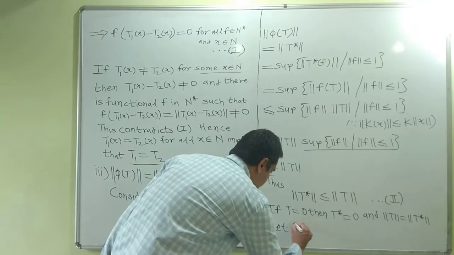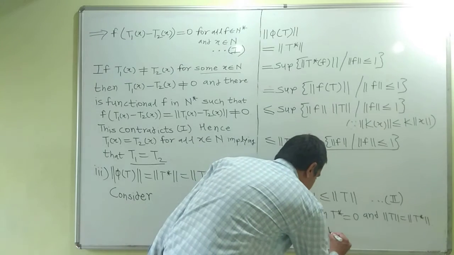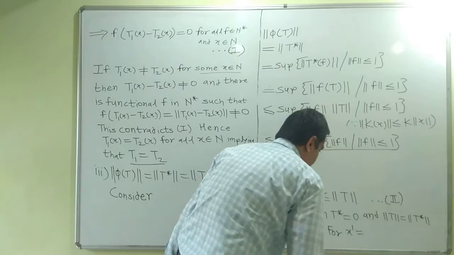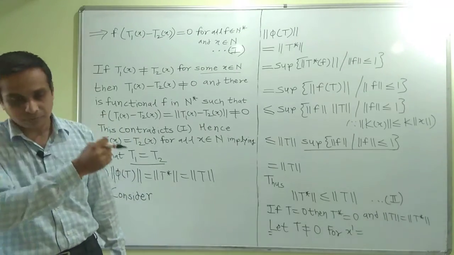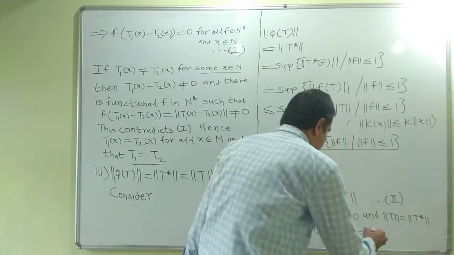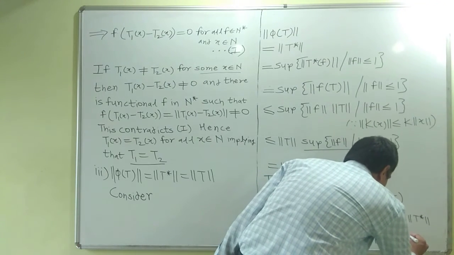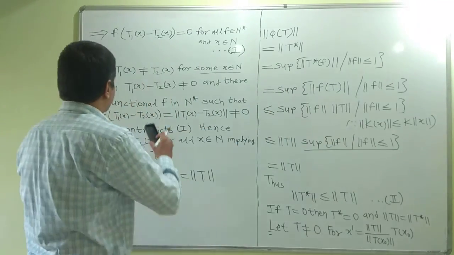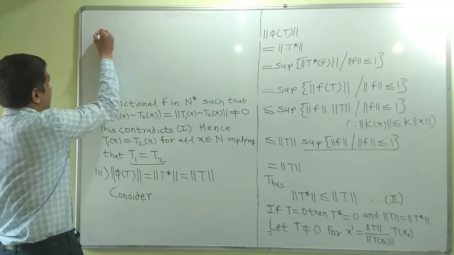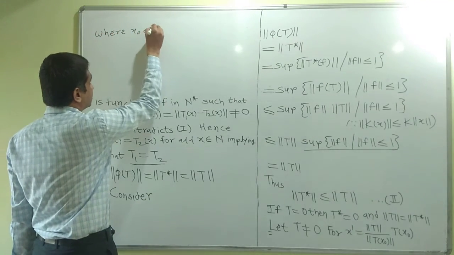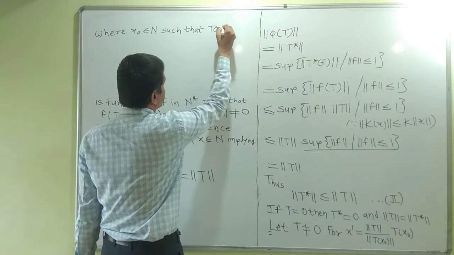Let T be not equal to 0, then for x dash equal to norm of T upon norm of T x0, where x0 is a point in N, or vector in N, such that T of x0 is not equal to 0.